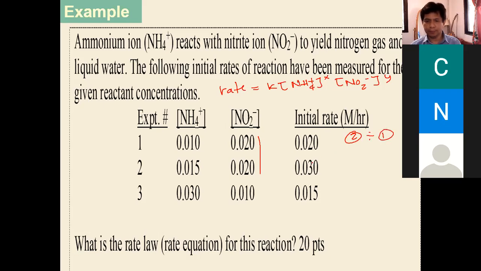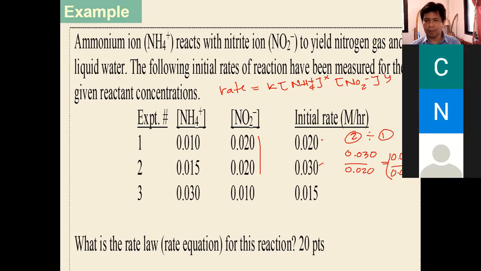You'll have something like 0.03 divided by 0.02 is equals to this one divided by this one, 0.015 divided by 0.010. Okay, raised to X, yung X yung hinahanap natin.